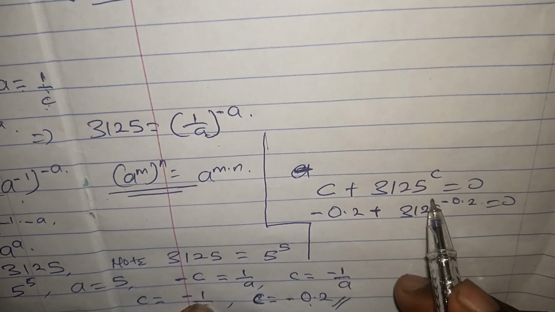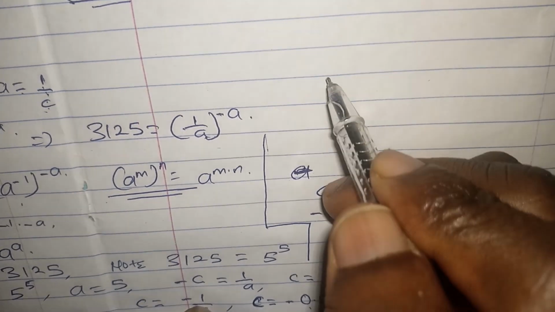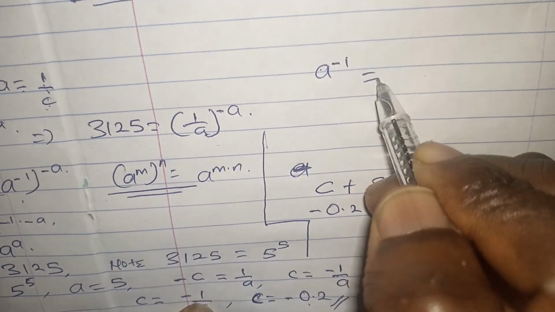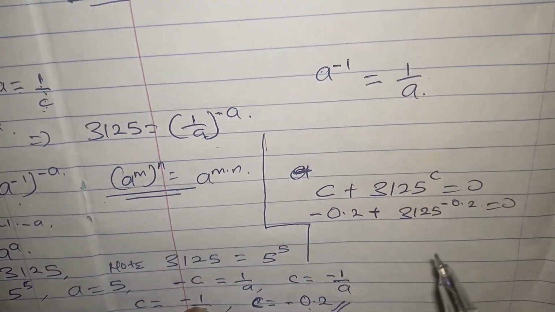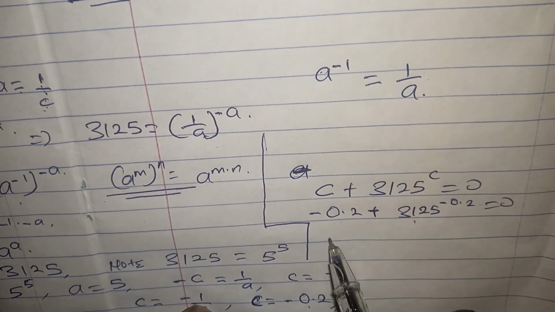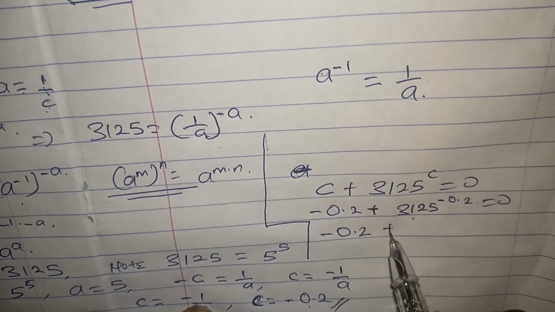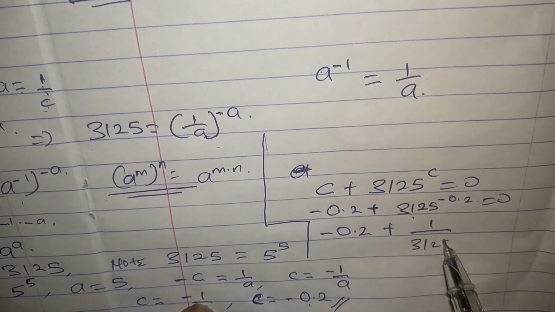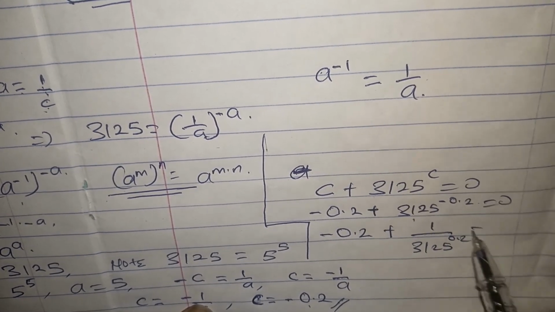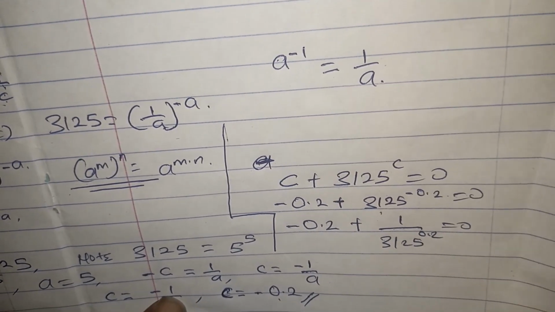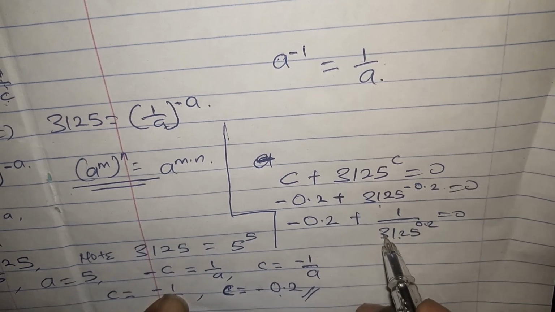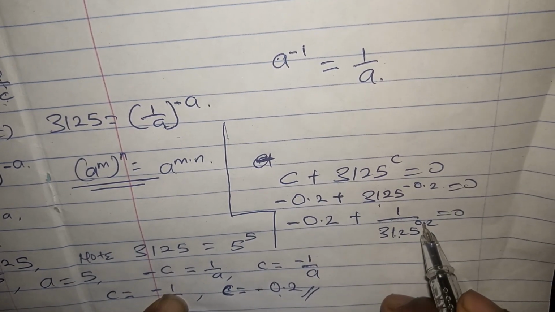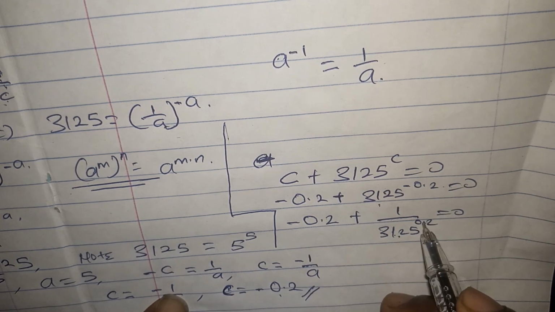Okay. If you are having something like this, always note, if you are having a to the power of negative 1, it's also equals to 1 over a. So if we put this principle here, we can say minus 0.2 plus 1 over 3125 to the power of 0.2 equals to 0. So 3125 to the power of 0.2 is equals to 5.